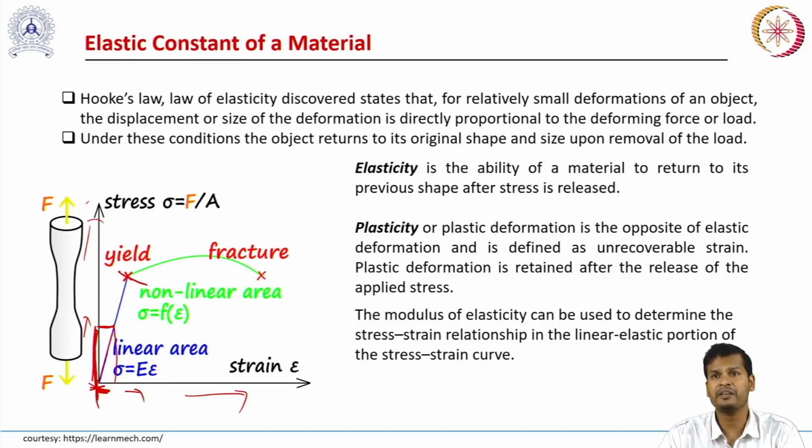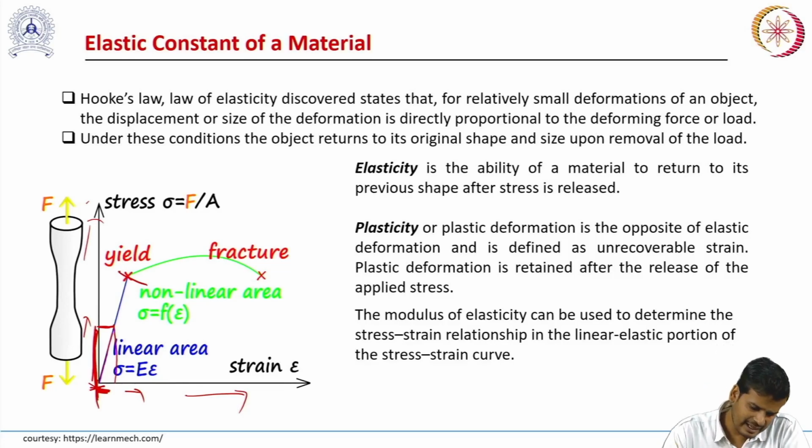Whereas plastic deformation, which is the opposite of elastic deformation, is defined by the unrecoverable strain. So the deformation in plastic deformation is retained after the release of applied stress or load. These elastic properties of a medium are very important to understand how a sound wave can travel through a particular medium.